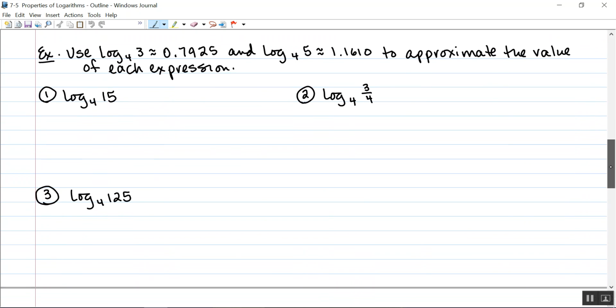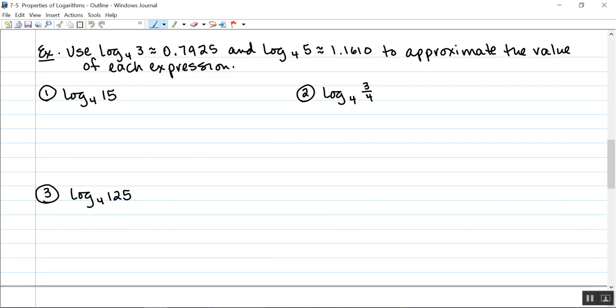So let's take a look at a couple examples here. Use the fact that log base 4 of 3 is approximately equal to 0.7925, and log base 4 of 5 is approximately equal to 1.1610 to approximate the value of each expression. So here we have log base 4 of 15. Well, I can rewrite that as log base 4 of 3 plus log base 4 of 5, because using the product property, since 3 times 5 is 15, I can break it up into addition.